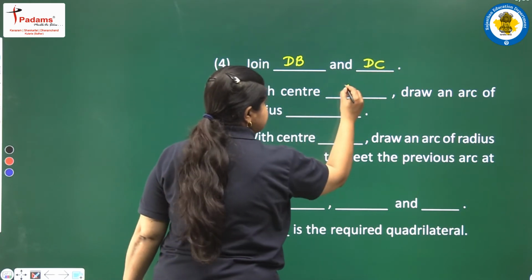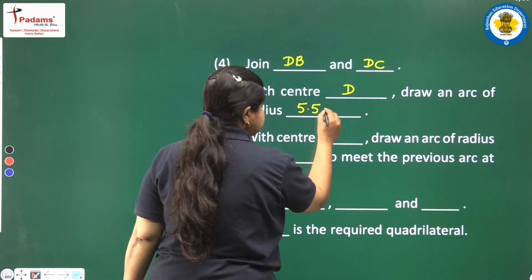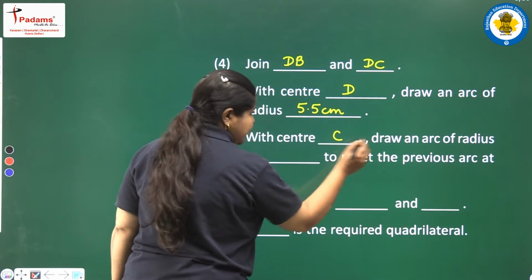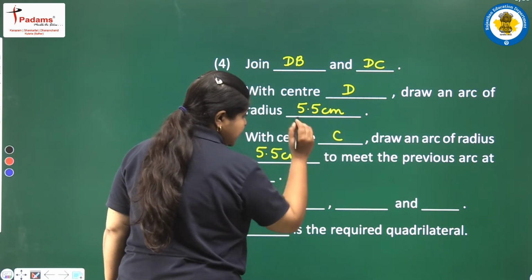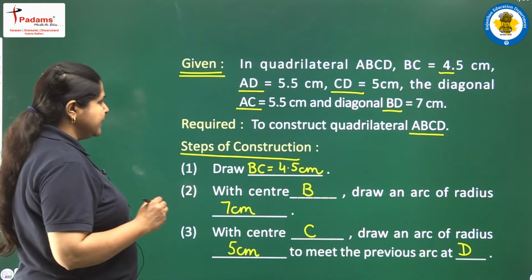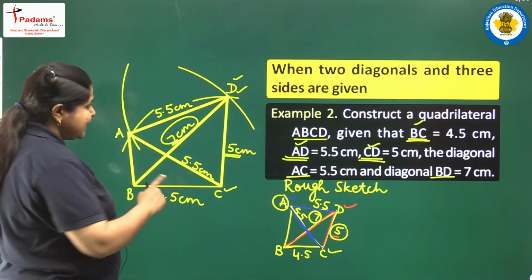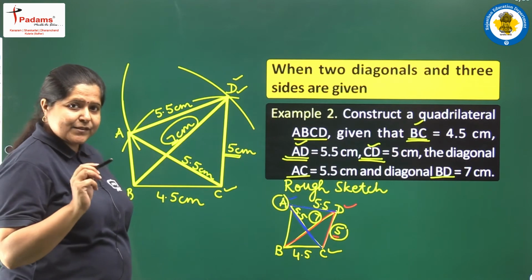Then with center D, draw an arc of radius 5.5 centimeters. Again with center C, draw an arc of radius 5.5 centimeter to meet the previous arc at point A. You can see the two arcs are meeting at this point A. So here we are getting this triangle ACD in this way.